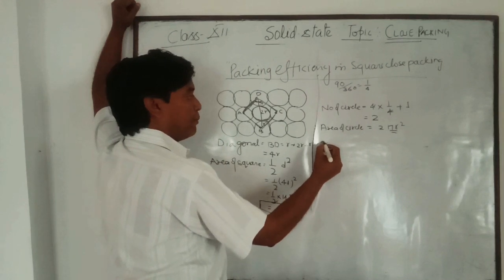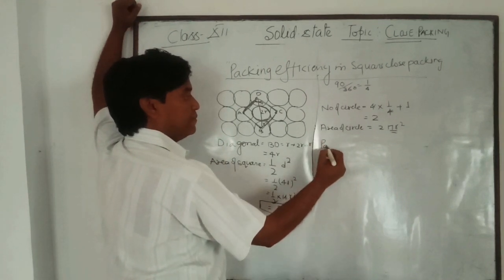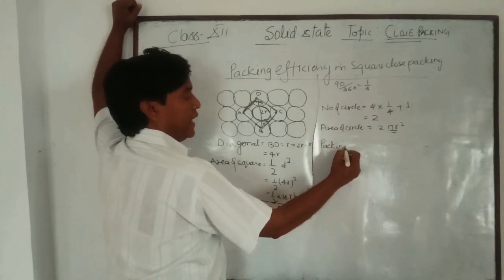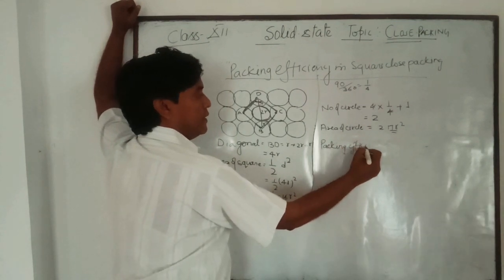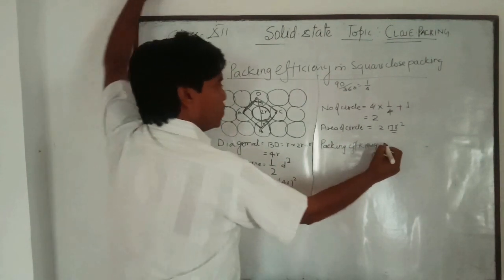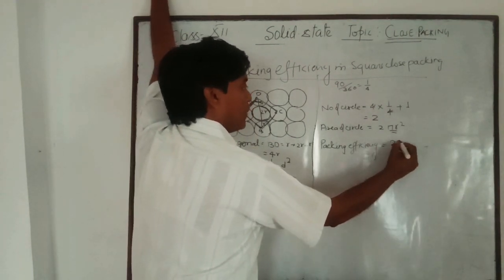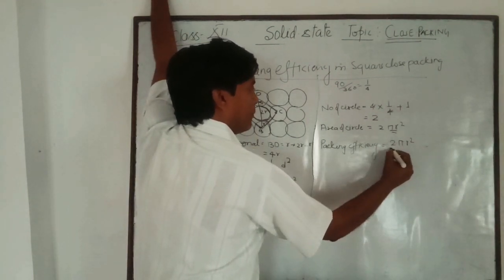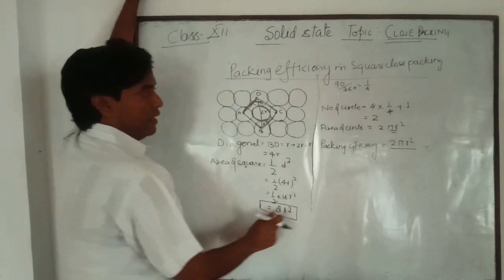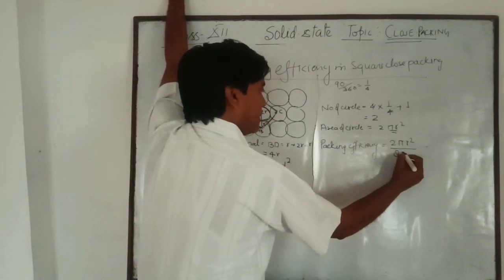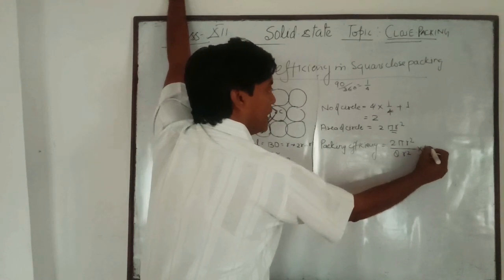Now packing efficiency is equal to area of circle, that is 2 pi r square, upon area of unit cell, that is 8 r square, into 100.